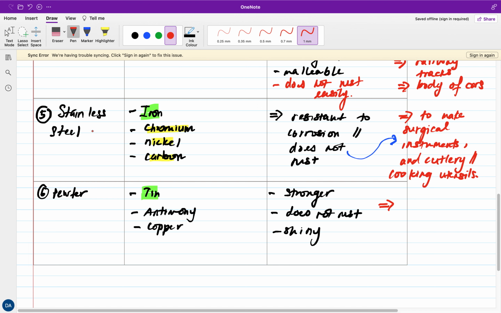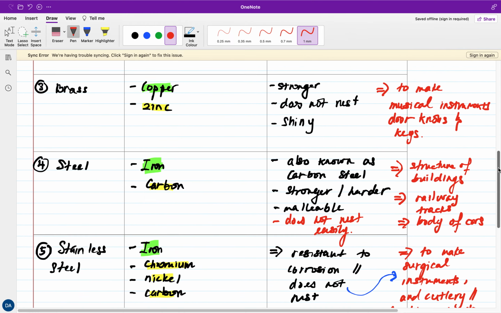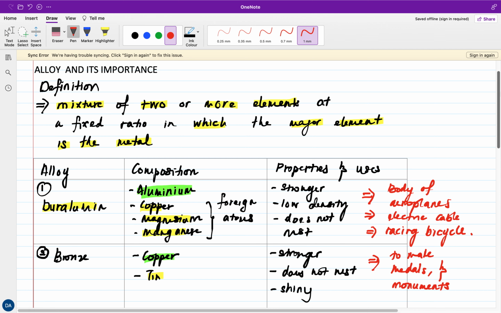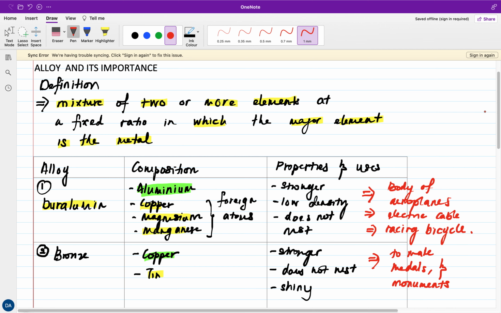Normally we use pewter to make decorative items and souvenirs. So this is the example of alloy and its uses, properties and definition.